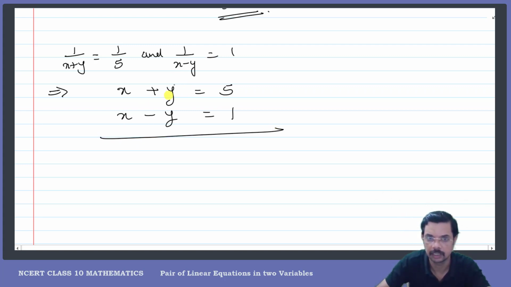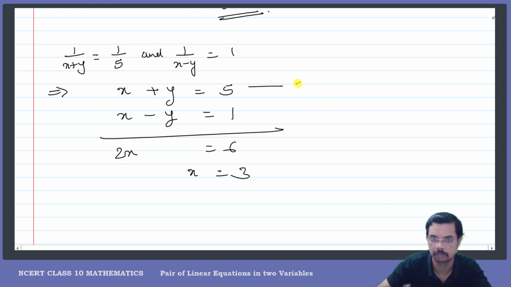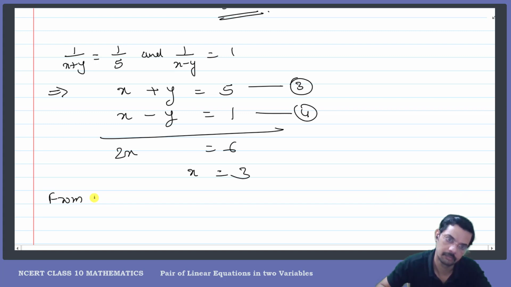Eliminating, you get 2x equal to 6. So x equal to 3. Now you take any one of the equations. This is equation number 3 and this is equation number 4. So from equation number 3, we have x plus y equal to 5.